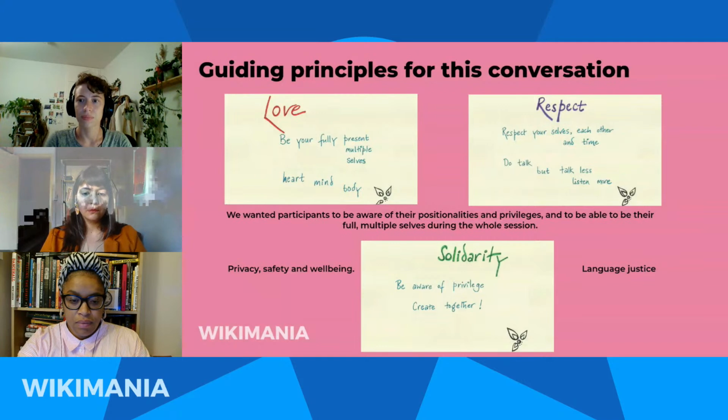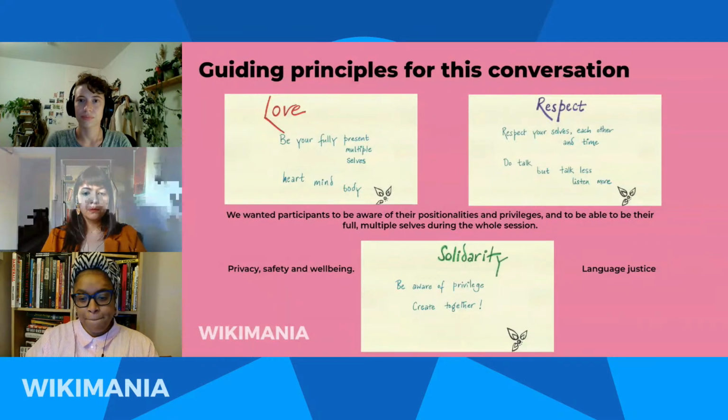Because the pre-conference was very focused on Latin America, because the WikiConf was held in Latin America last year, but also because, at least if we can just bring a bit of language justice, this is so basic, because language is a proxy of knowledge, especially online. So that's why we were paying attention especially to that.